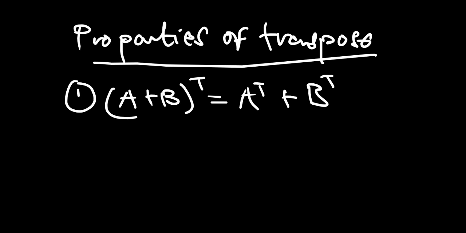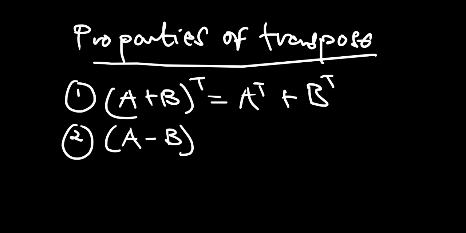That's the first property we are going to consider under transpose. The second one will be similar to this one, just with a minus here. So A minus B transpose is the same as A transpose minus B transpose. This is the second property under transposes.